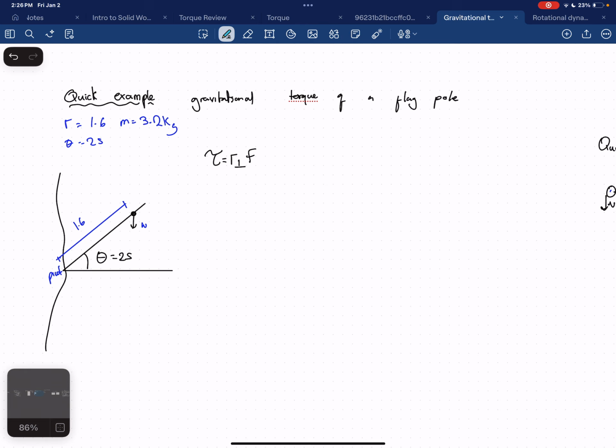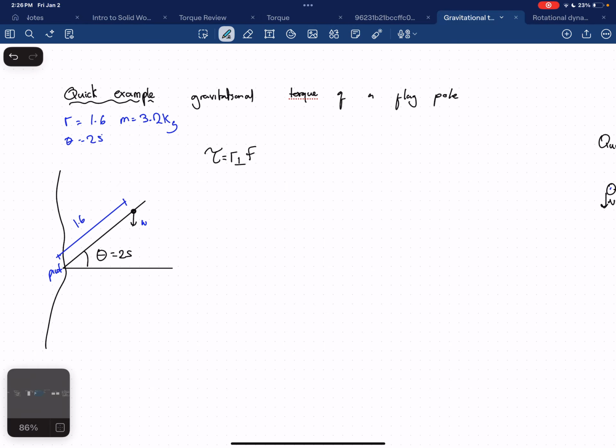We can just say our weight acts at the center of gravity. So we say r is 1.6. That's from the pivot to our weight vector. Theta is 25 degrees, and mass is 3.2 kg.